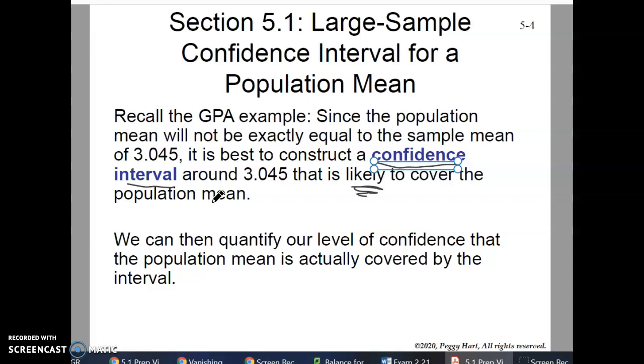But we don't want an interval that we could easily guess. We still want it to have some precision, and we'll be able to quantify our level of confidence. It won't be 100%, but maybe it'll be high.